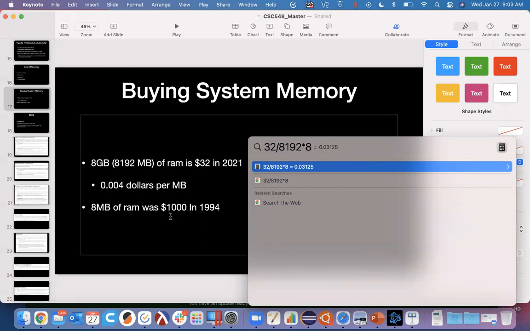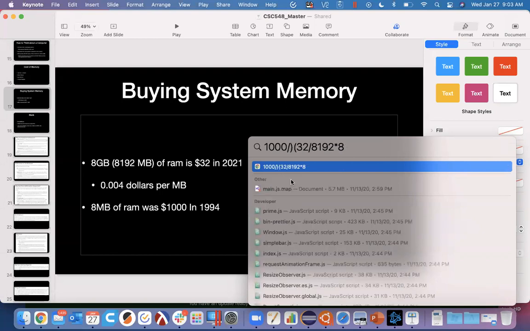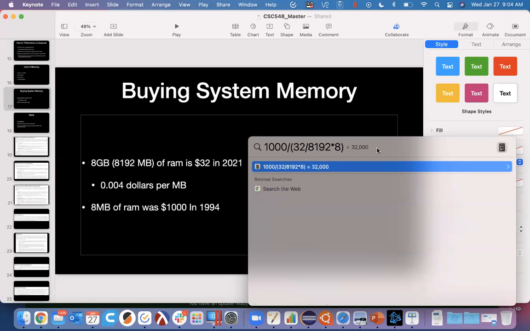But it cost $1,000. So 1,000 divided by that means memory is 32,000 times cheaper today than it was in 1994.